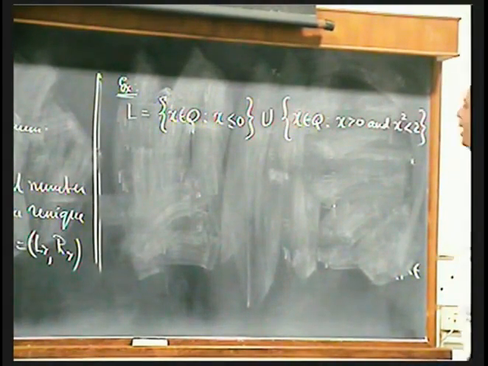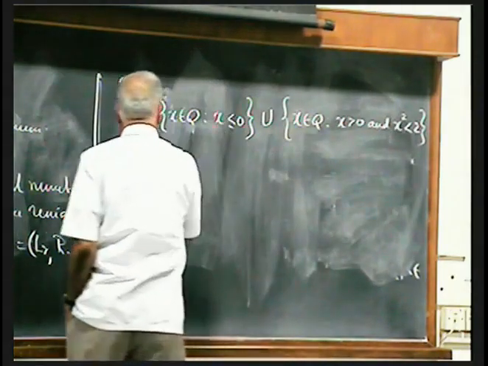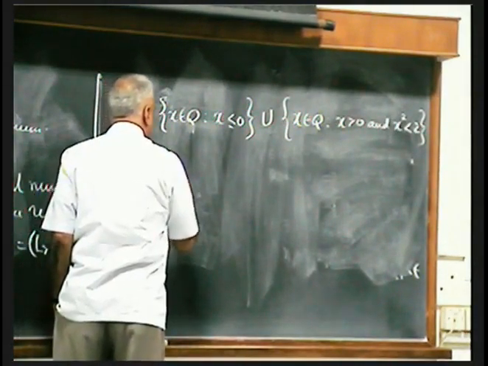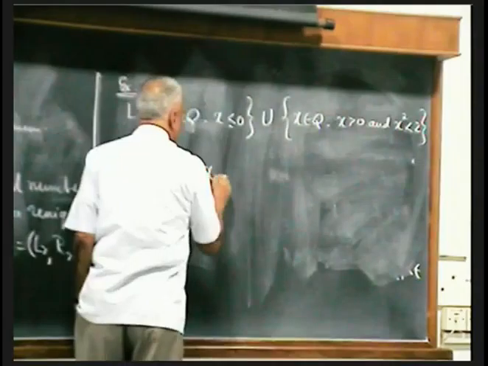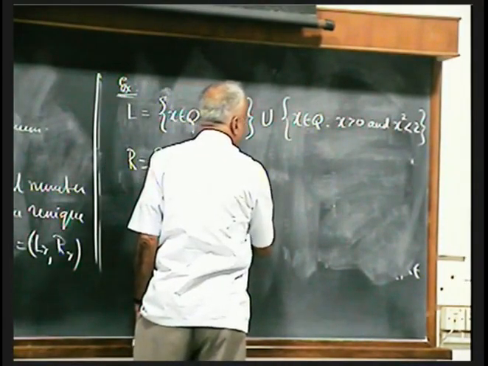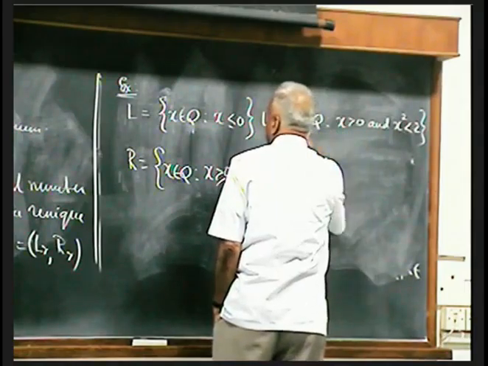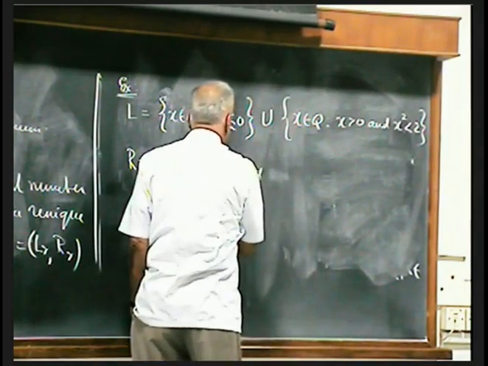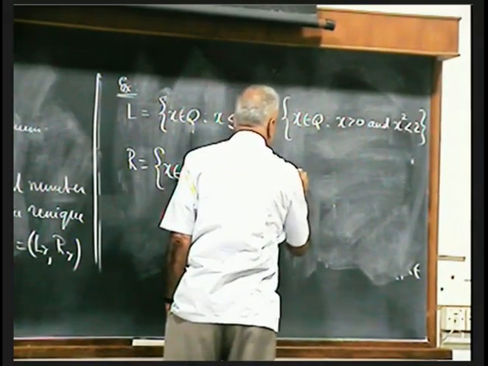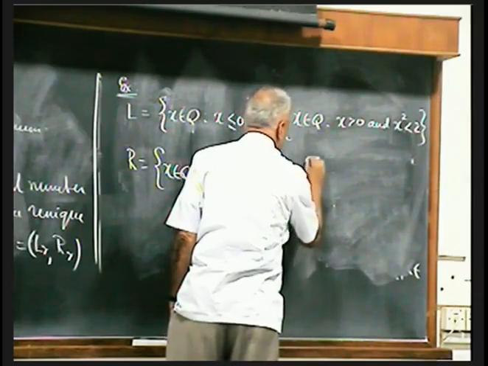Okay? So what is R? Only the remaining thing. The set of all x in Q so that x is positive, 0 is gone there, and x squared is greater than or equal to 2.